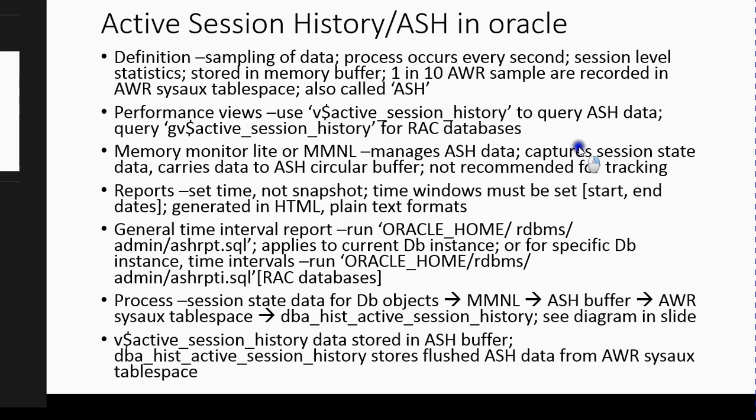One in ten ASH samples is stored in the AWR. And it's not just a snapshot that you're capturing, but also the session data, and that's why you're able to query the V$ active session history view, which I just covered.